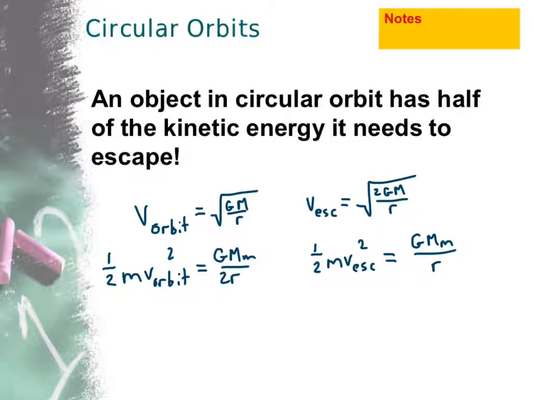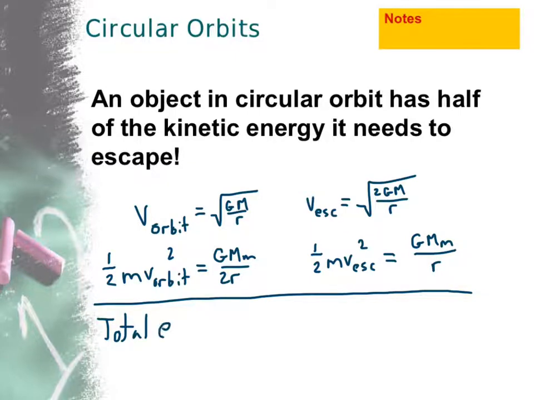It turns out also, one other thing, is that you can find the total energy of an orbit, which is kinetic energy plus gravitational potential energy.